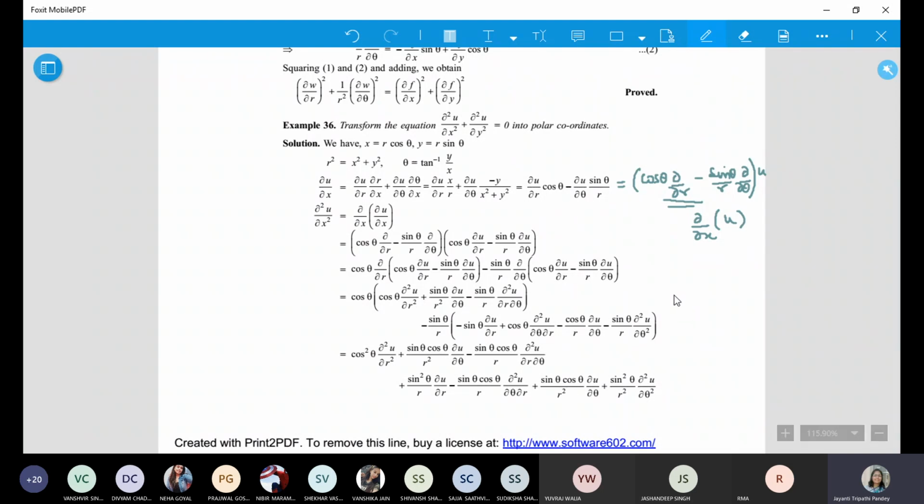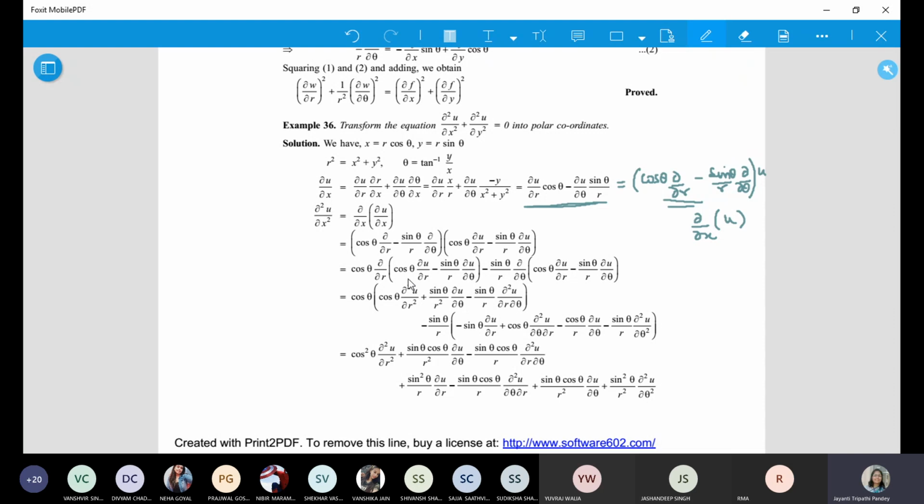When you apply del by del x on this, you write in place of del by del x this entire part. And your del u by del x is this now. See how you use it one by one. First you take cos theta del by del r of the whole thing, then minus sin theta by r del by del theta of the whole thing.